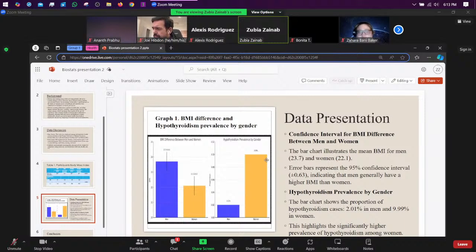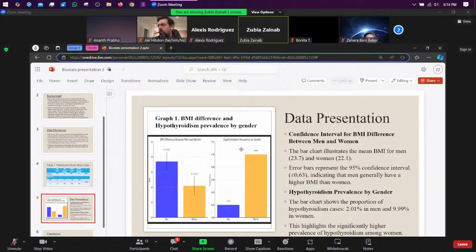When we compare them, the men have a higher BMI on average, with about a 95% confidence interval, showing a significant difference. You can see 0.97 for the females, and 2.23 for males, which is higher.